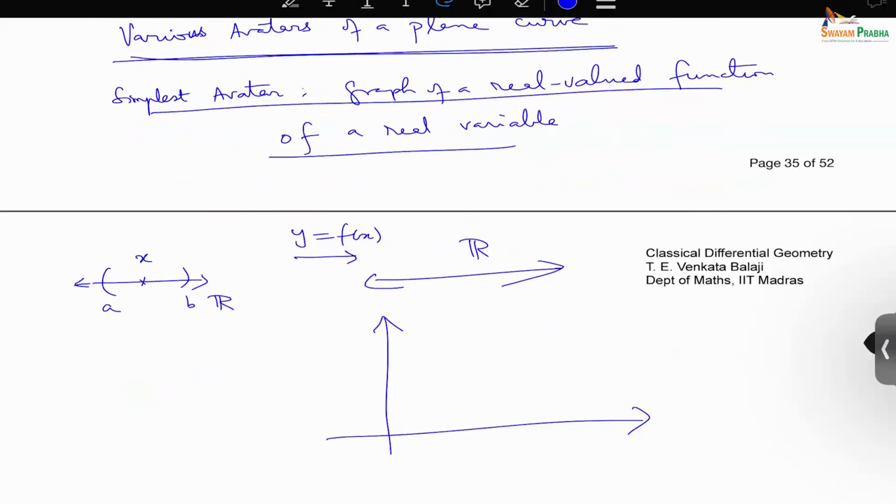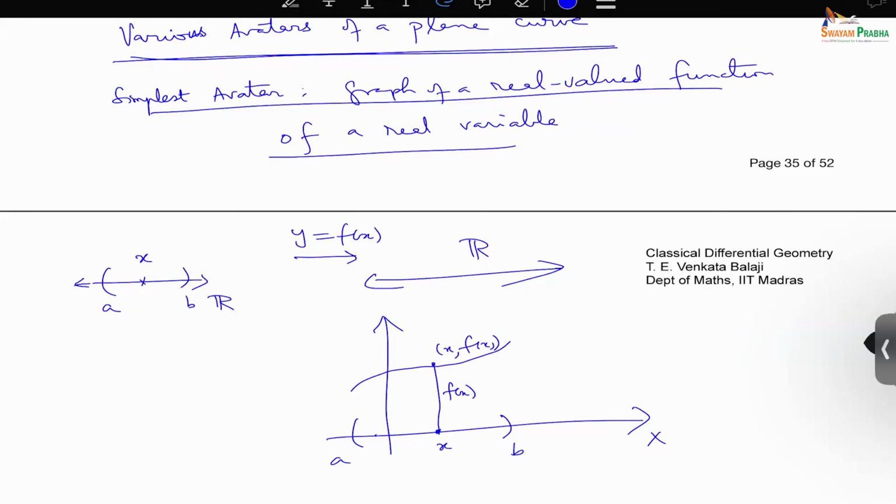So you have this interval from a to b on the x-axis, and for every value x, you take this point with the y coordinate f of x. So you get this point (x, f(x)), and this is the graph, and this is going to give you a curve.